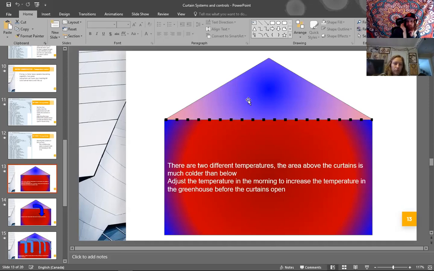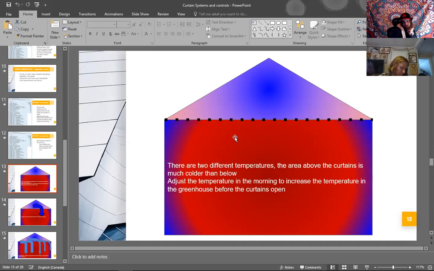What those numbers are, you can look up. But for our purposes, we're just going to say that we're going to have some air exchange from below to above, as long as there's energy down here, right? There's more energy down in the heated greenhouse than there is above the curtains. So this is cool, dry air, and this is warm, moist air.